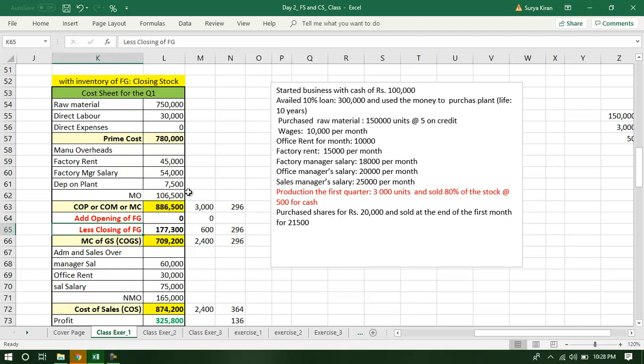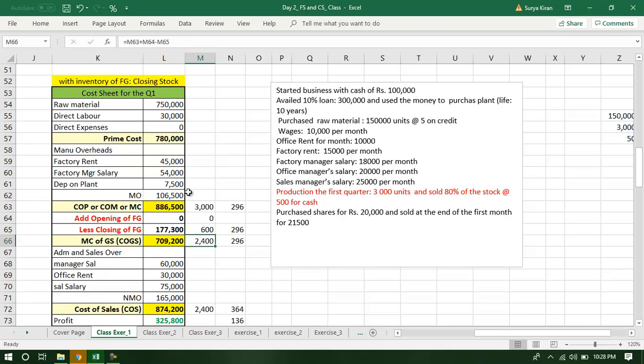Less closing stock of the finished goods. It says 80% sold, so 20% of 3,000 remain as the finished goods. The value is not given, but the cost of this finished goods will be 296, because that's what we have with us. So 3,000 minus 600 is 2,400.